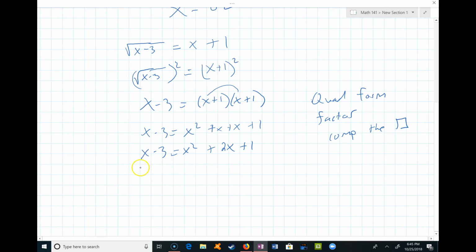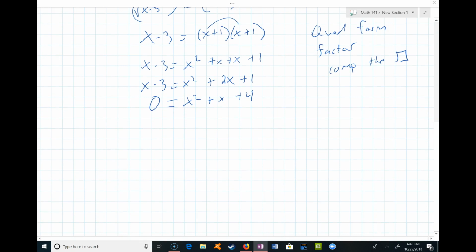So I'm going to subtract x from both sides, and that would give me a plus x, and add 3 to both sides, and that would give me a plus 4 there. I can tell pretty quickly that that's not going to be factorable. If I try to complete the square on this one, I'm probably going to get a fraction, so I would probably just throw this in quadratic formula.